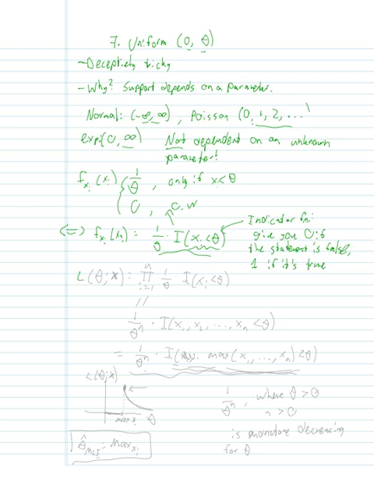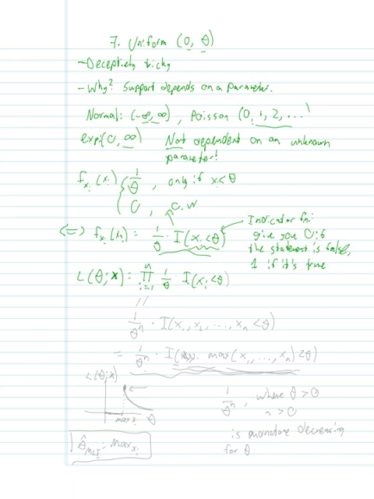So then we take the joint PDF, which is equal to the likelihood function, and we have this product from i equals 1 to n of 1 over theta times the indicator that xi is less than theta. And now what makes this question different is if we try to take the log likelihood function, it's not actually going to be any simpler for us.